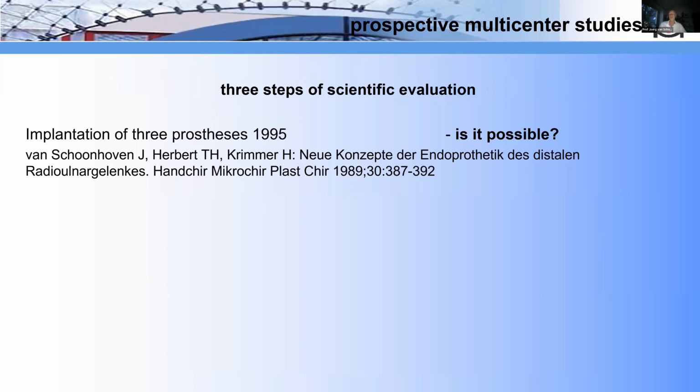The first question is, can we do it? Is it possible? To answer this question, we only implanted 3 prostheses in 1995 in Australia. Then we waited for 1 year and followed these patients up. We did see that it is possible and it can be successful, and we published the results of these first 3 patients.